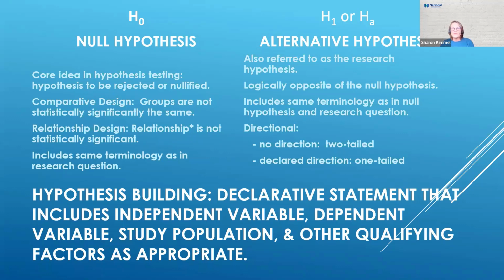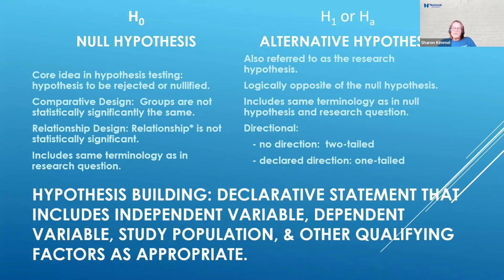It's also called the research hypothesis, but it includes the same terminology as in the null hypothesis. You don't want to mix and confuse terminology because you're going to mix and confuse your research and what you're telling your reader that you are exploring.